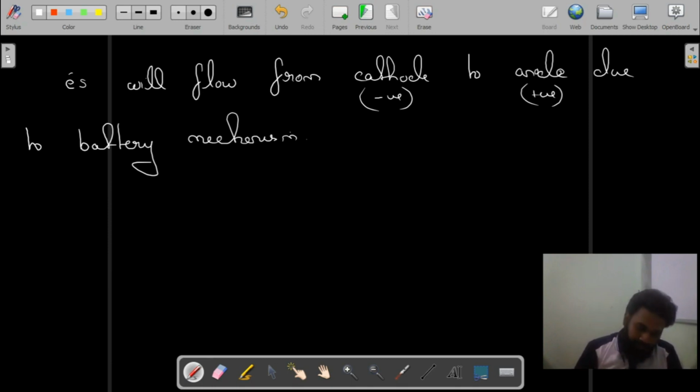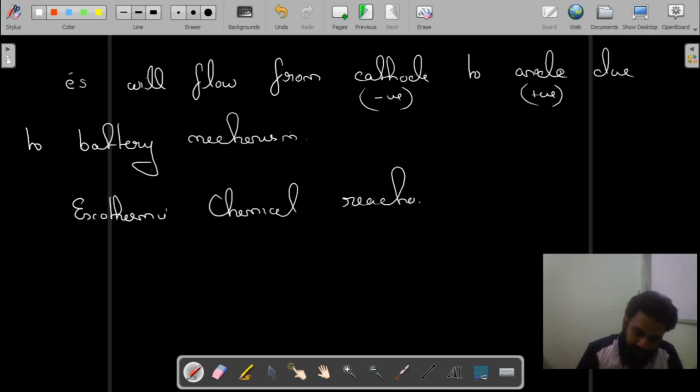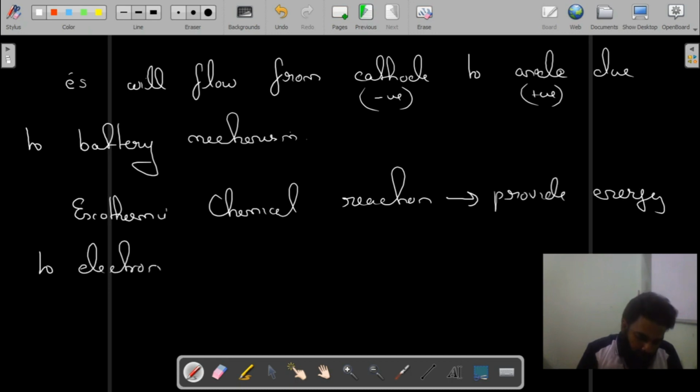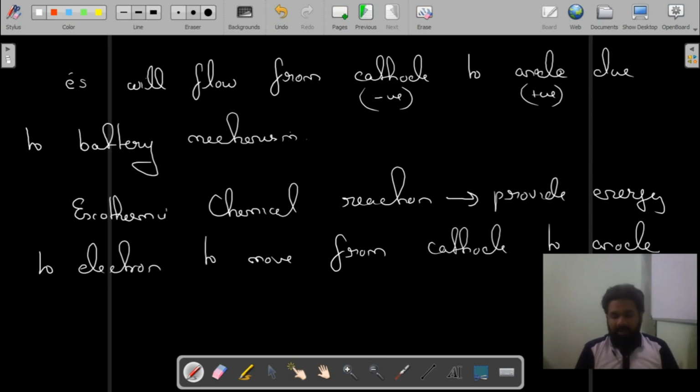An exothermic chemical reaction happens there. This will provide energy to electrons to move from cathode to anode. Clear? So this exothermic chemical reaction will provide energy for electrons to move from cathode to anode.